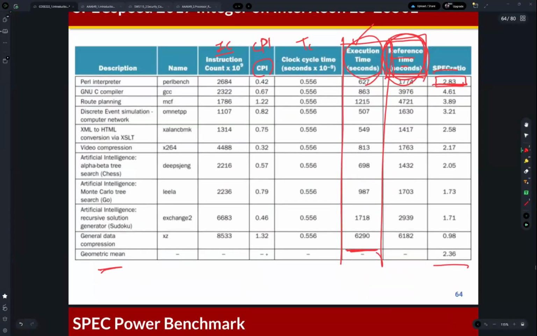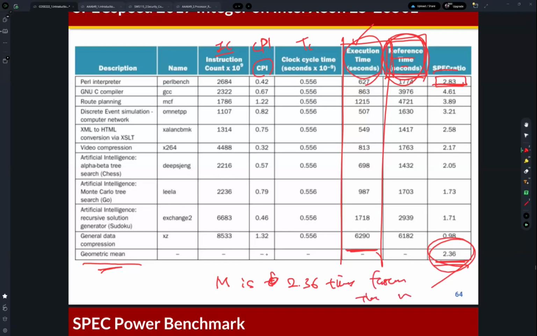And then by applying geometric mean, we can get the SPEC score. So the SPEC score is 2.36. So it means this target machine is how many times faster than the reference machine? 2.36 times faster than the reference machine. Okay, this is the meaning of SPEC score.